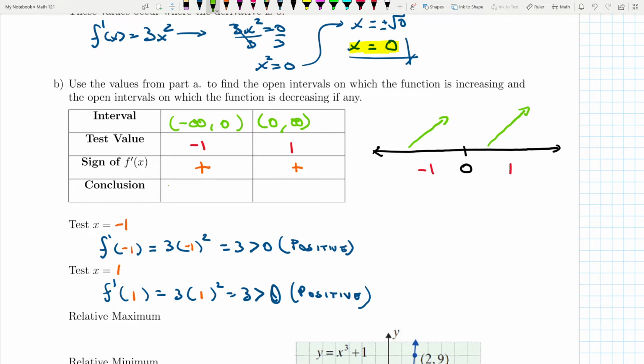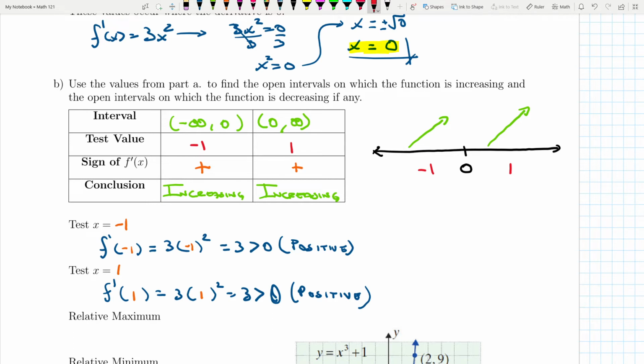So increasing, increasing also. And so in this case, there's no change between increasing to decreasing or decreasing to increasing.